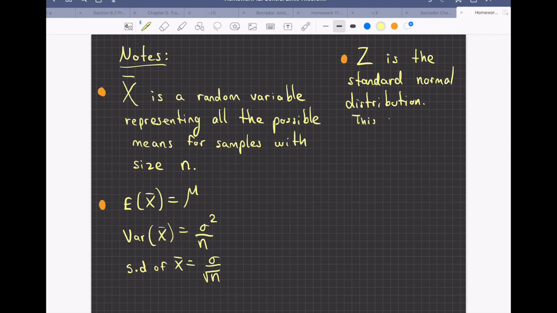This is a normally distributed random variable with mean 0 and standard deviation equal to 1.